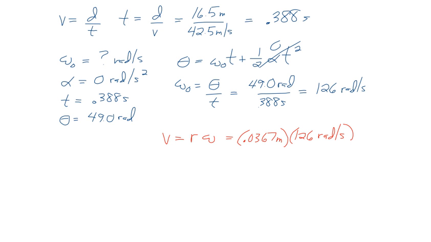Again, to show how radians cancels out, that's really what a radian is for this problem. And so the answer will be in meters per second. And what is 126 times 0.0367? 4.62? Is that the answer I gave you?